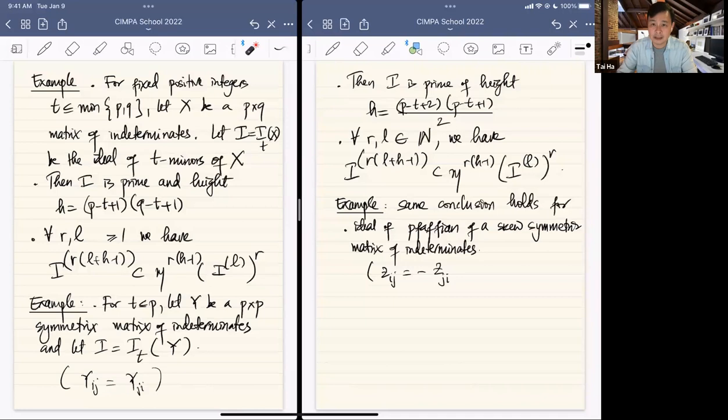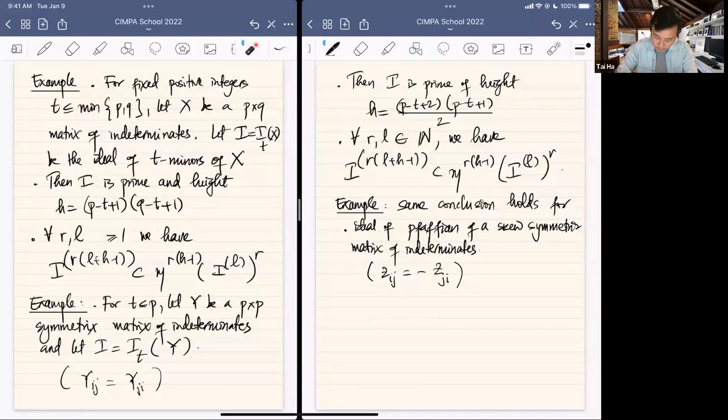And you want the size to be even, and then you take any even minors of the matrix, and then you take the square root of those even minors, right? The square root will generate this ideal, which we call the Pfaffian ideal of this matrix.